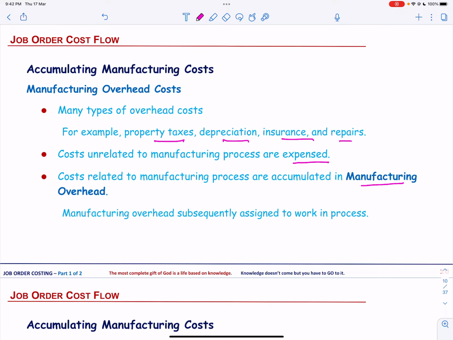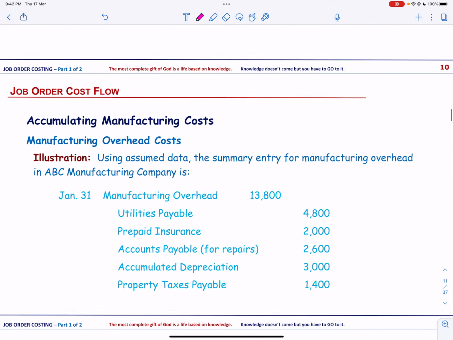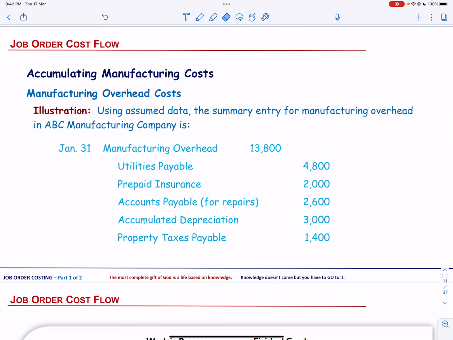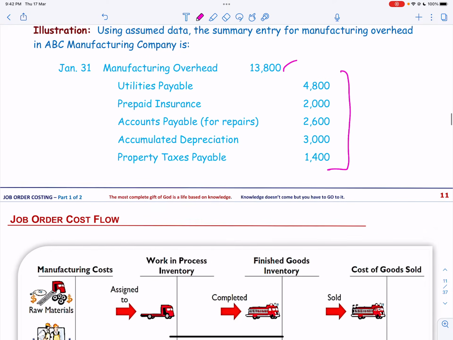Manufacturing overhead is subsequently assigned to work in process. Let us see how to record manufacturing overhead cost. So manufacturing overhead cost is debit and all the payables are credit in this regard. So this completes our discussion on accumulating manufacturing cost. In the next slide, we will discuss how to assign manufacturing cost to work in process.